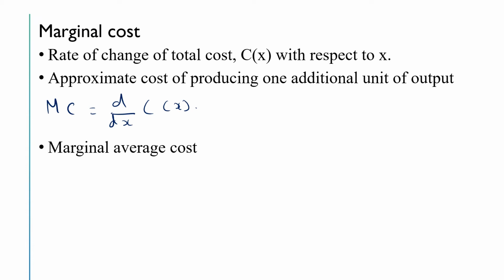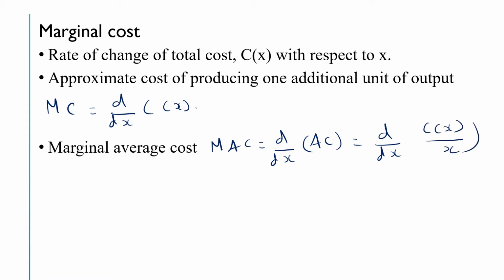Then we have what is called the marginal average cost. Marginal average cost is nothing but the derivative of average cost. Now we know what is average cost. Average cost is C of x divided by x. Now let us simplify this. So it is d by dx of C of x divided by x.